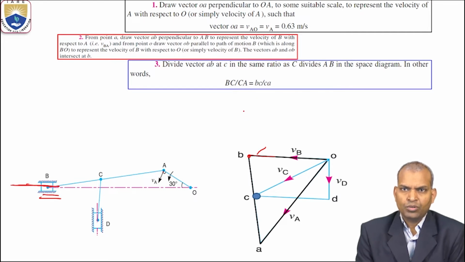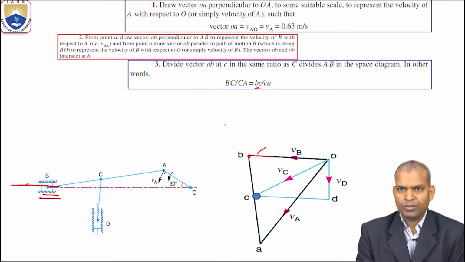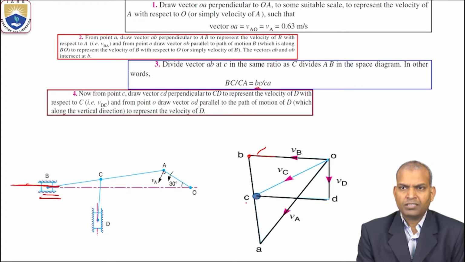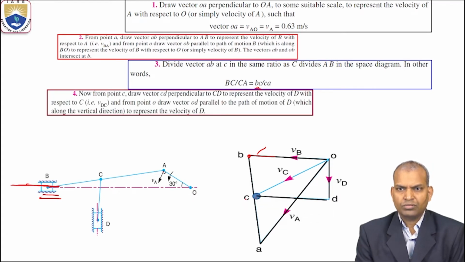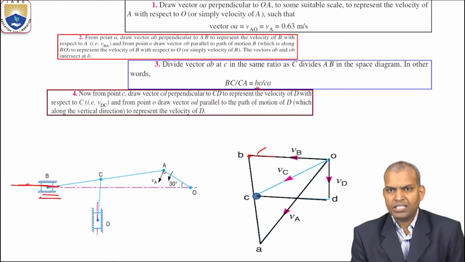From that we can know the vector line BC value. After knowing the BC value, mark the point C. Then from point C, draw a vector. Now CD is there.